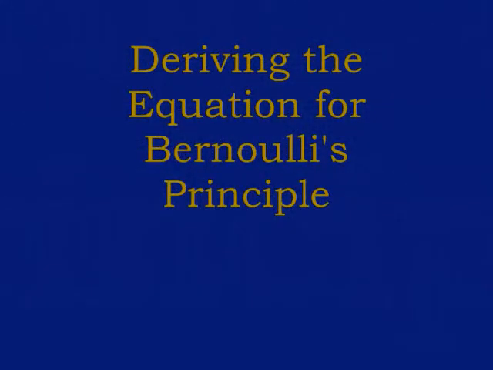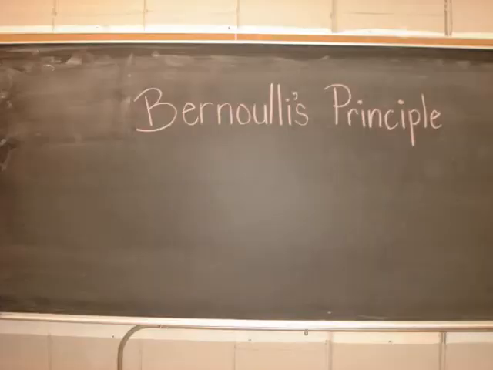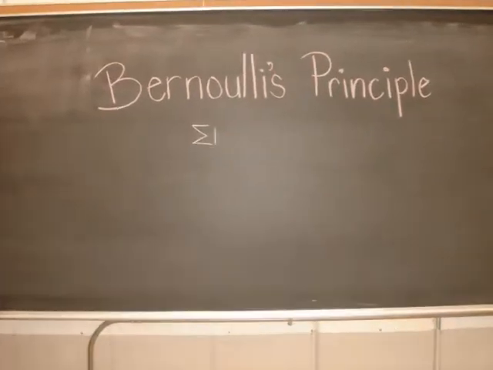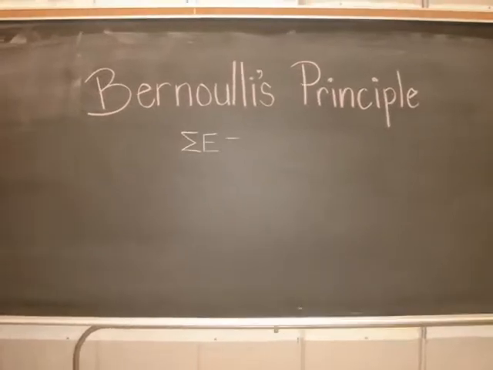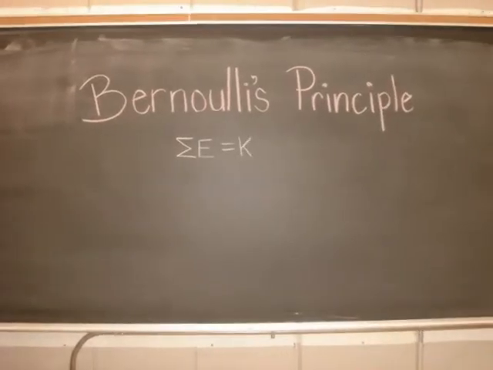And now, a quick intermission of the equations of Bernoulli's principle. Bernoulli's principle states that the total energy in a steadily flowing fluid system is constant along the fluid path.